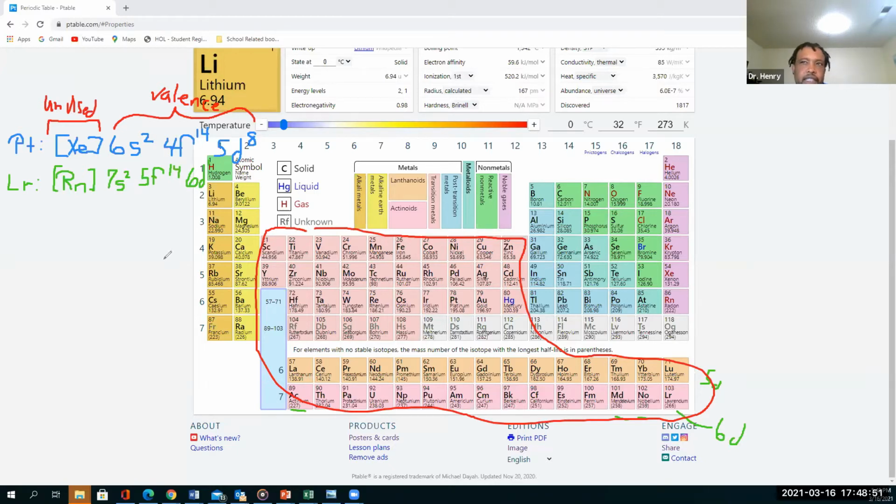These guys are going to be easy because they're just s and p orbitals that we're working with, s and p, whereas these guys are the d and the f. So they make things very complicated. Those are called metals because they're more complicated and go through types of changes.